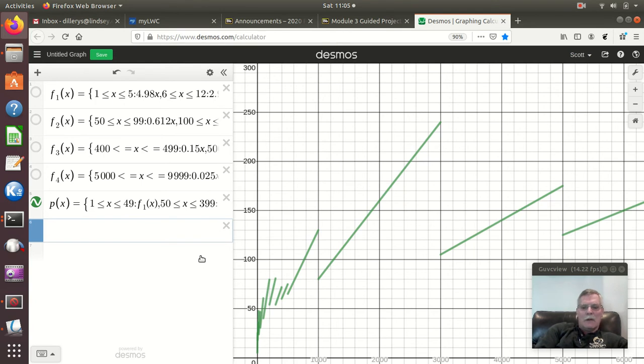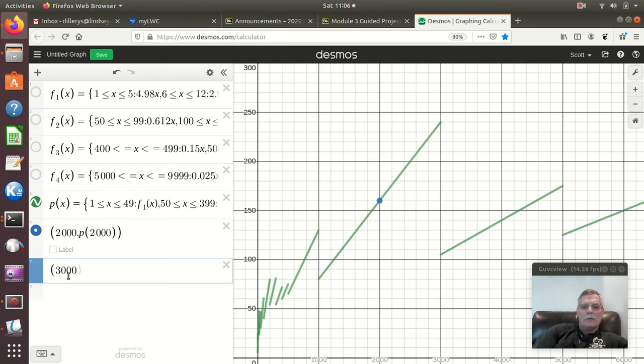So again, if I plot 2,000 and then its y value by using p of 2,000, there's that point, and I get that nice point plotted there. 3,000 and p of 3,000, I get the x and y value pointed there, and so we see that's a problem. Well, there are others here that would also be a problem.